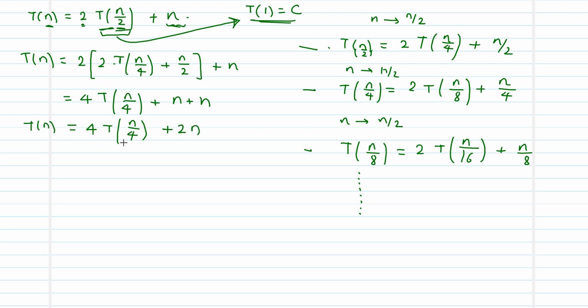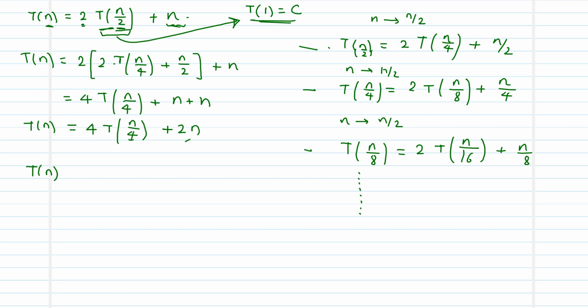Now again replace T of n by 4 by the formula which we have obtained. See, this is the first step of our recursion: the problem of size n was replaced by 2 problems of size n by 2. Now the problem of size n by 2 has been replaced by 4 sub-problems of size n by 4, and the amount of time required to do that is 2n.